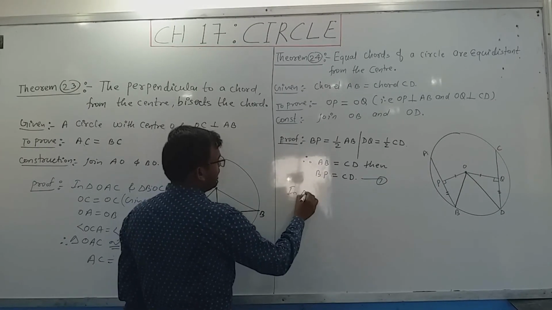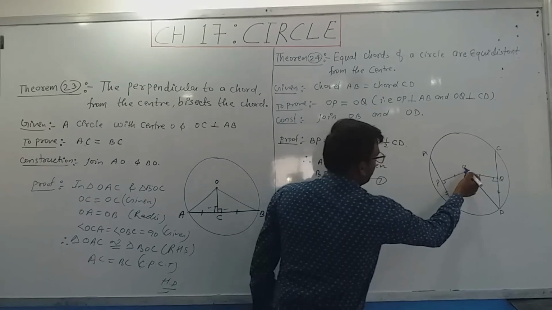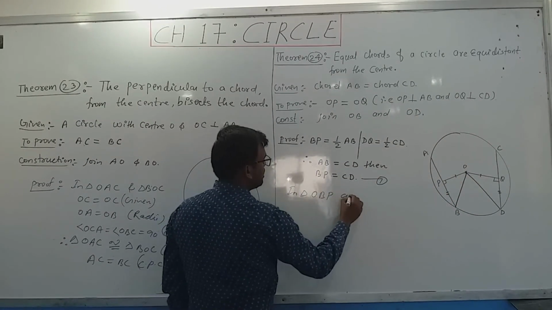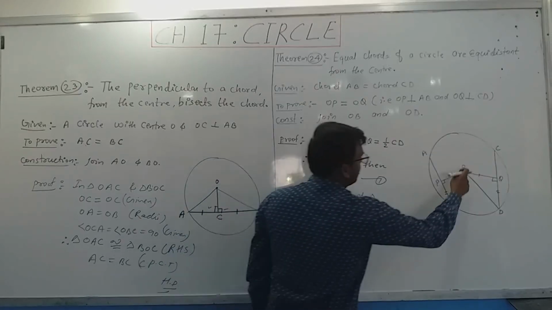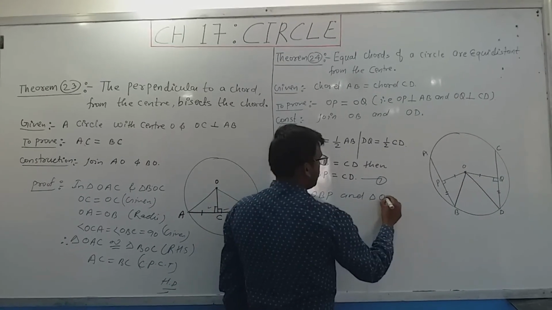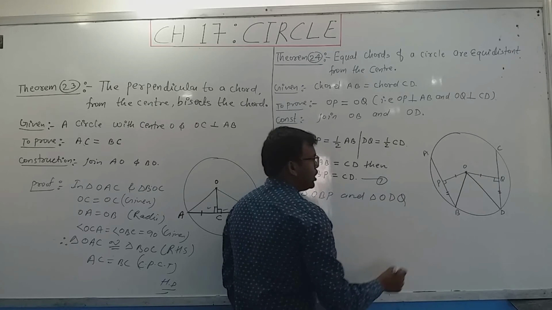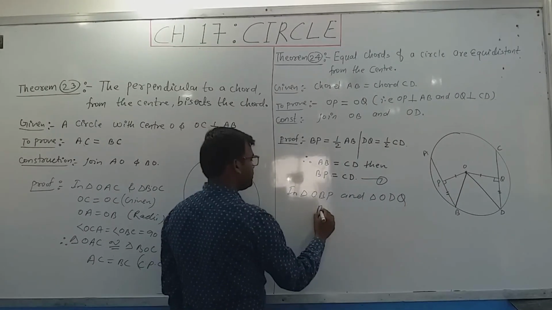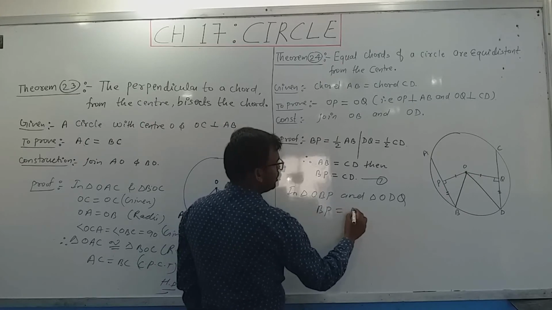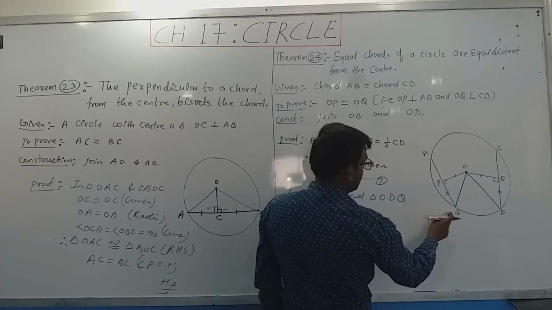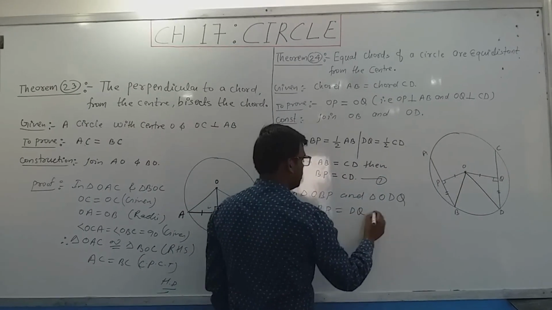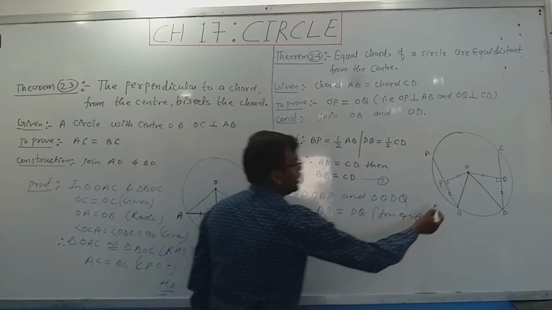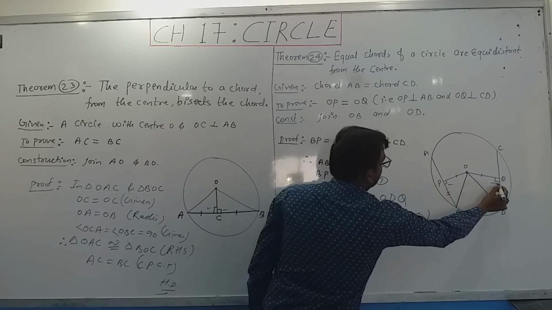Now in triangle OBP and triangle ODQ, you can say that we have already proved that BP is equal to DQ from equation 1, and this angle and this angle are 90 degrees.